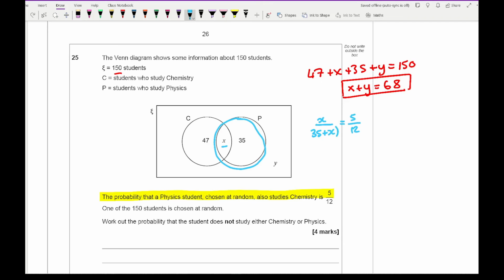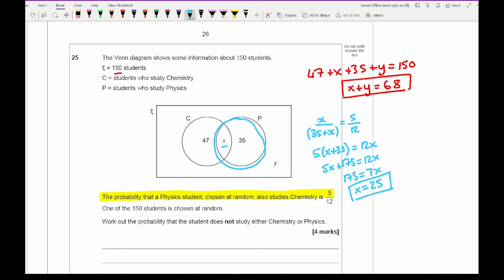Now if I put brackets around that denominator, I'm going to need to do a bit of cross multiplying. So here I've got 5 lots of x plus 35 equals 12x. Expand the brackets, I get 5x plus 175 equals 12x. I then solve this equation, so I've got 175 equals 7x, so x equals 25.